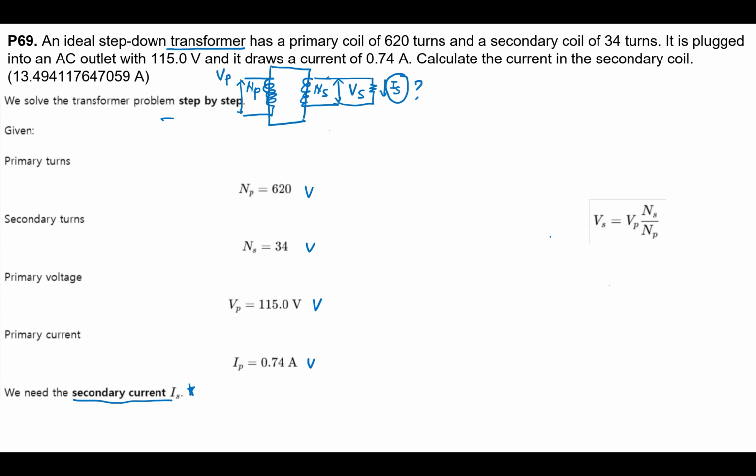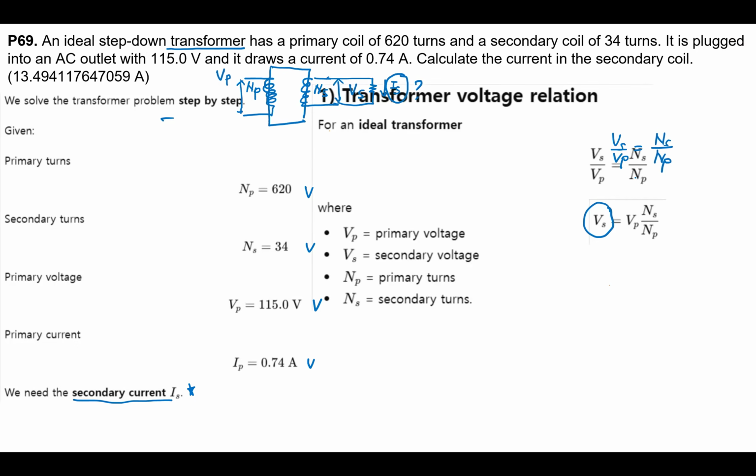In order to find IS, we need to find, first of all, VS. VS over VP is NS over NP. This is the transformer voltage formula. And then we get VS. This is the important one.